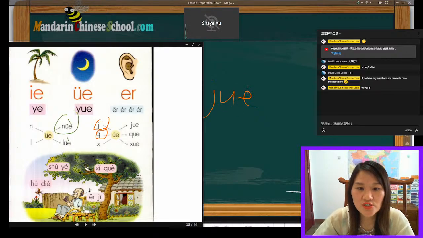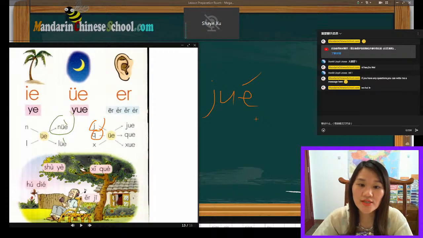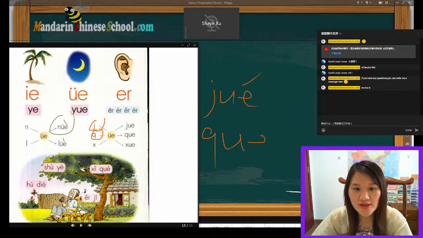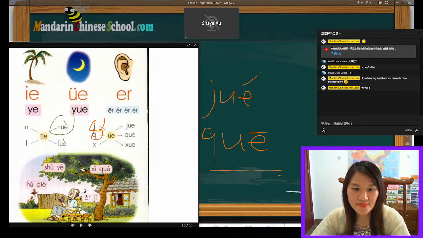So this one is 觉，你觉得呢？ What do you think? 你觉得呢？觉，激越觉。So it's ü sound, it's 约 sound. 觉 and this is 契约缺，缺少 means lack of. 缺少，契约缺。It's ü sound, okay?